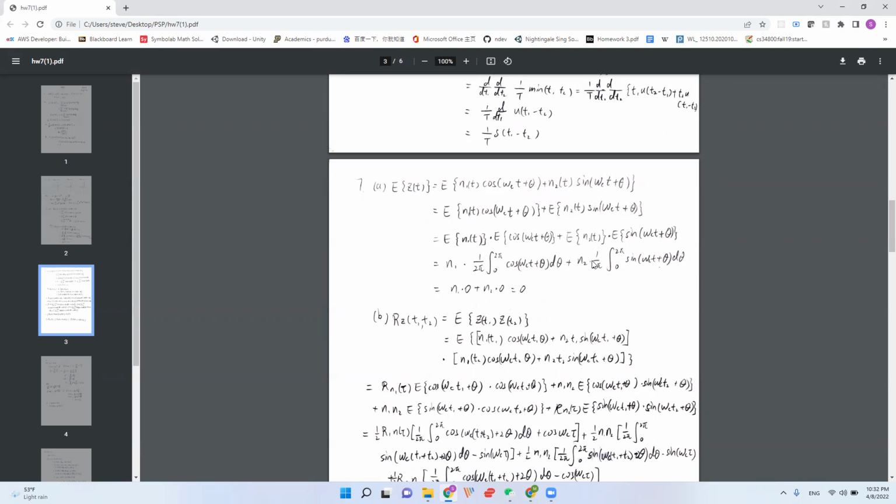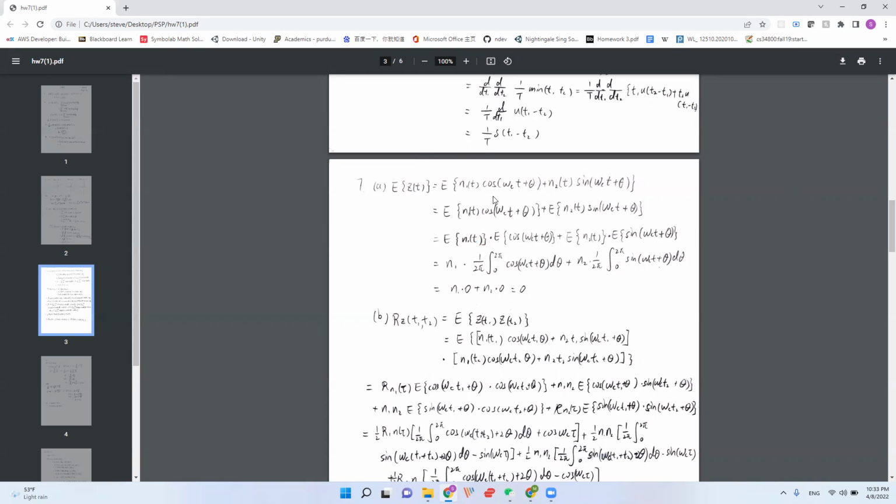You can do the integration from 0 to 2 pi, but we all know that cosine and sine are periodic functions, and their integration is calculating the entire area between the waveform and the x-axis.